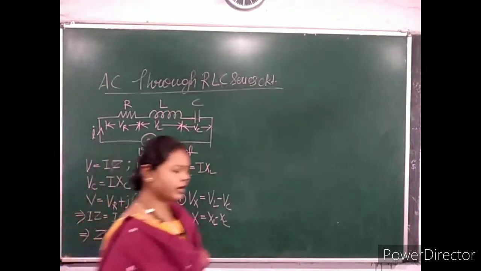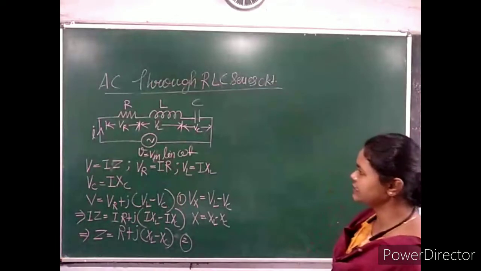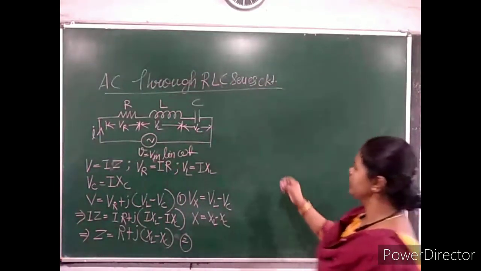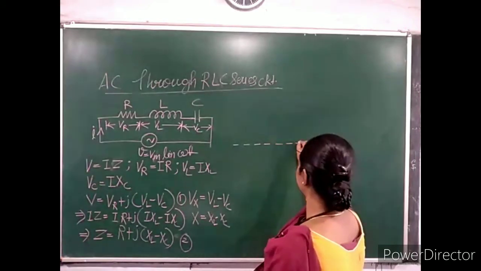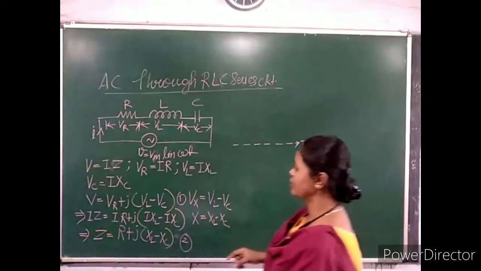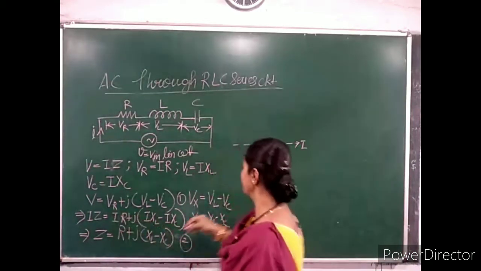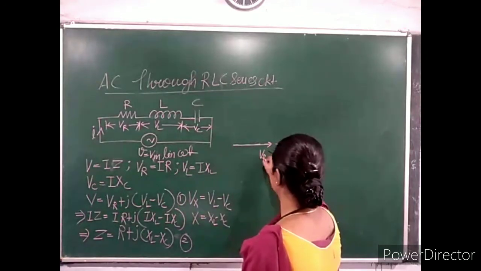From equation number 1, you will draw the voltage triangle. As it is a series circuit, you take current as a reference. Then voltage across resistor is in phase with current.